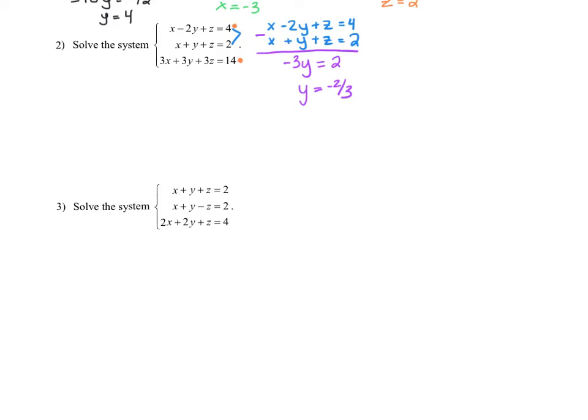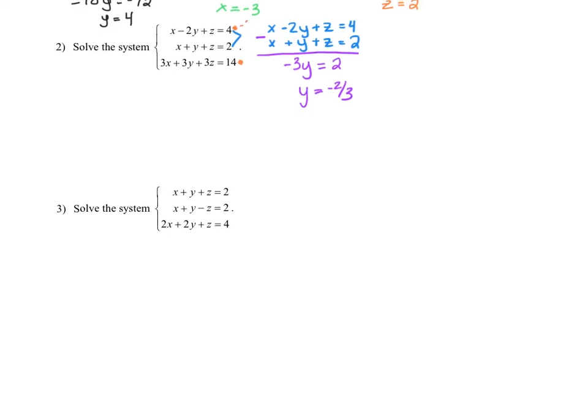So if I multiply my first equation by -3, I will get -3x plus 6y minus 3z equals -12. And then I'm going to add that to the third equation that's unchanged, which would be 3x plus 3y plus 3z equals 14.